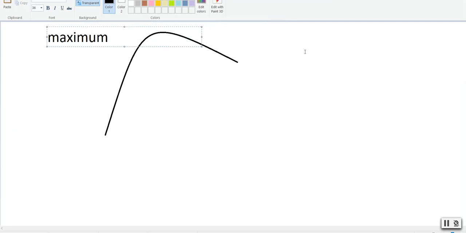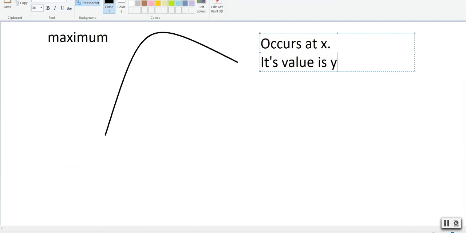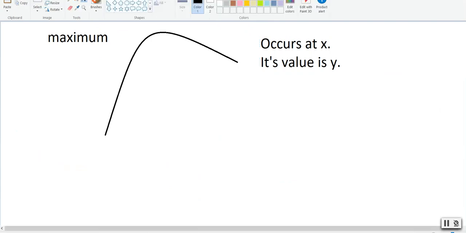Now, a maximum occurs at x, its value is y. So this is true whether it's a maximum or a minimum. Where it's happening is the x value. What it actually is is the y value. Now you may also have a graph that's falling. So let's make one where the graph does something like this.